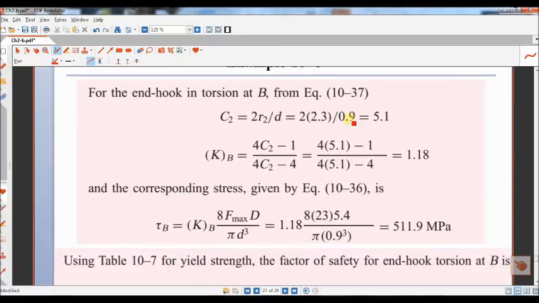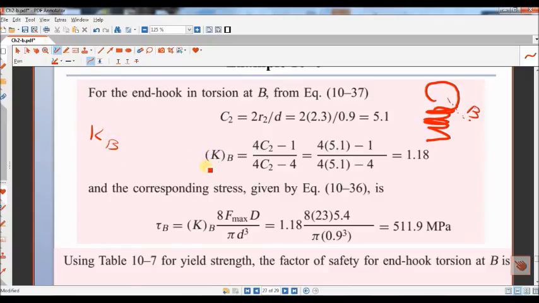The third critical location is the connection of the hook to the body of the spring. That means somewhere here. So the radius of this connection is R2 2.3, so C2 is 5.1. Now I have to find the correction factor for this location, but you have to notice here that this Kb is different from the curvature factor in the body.